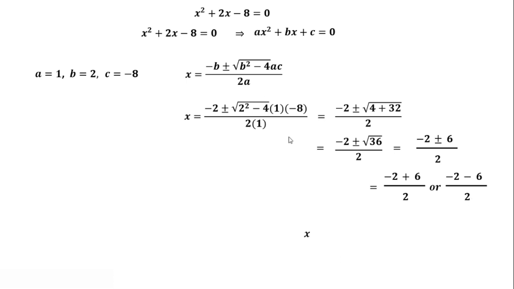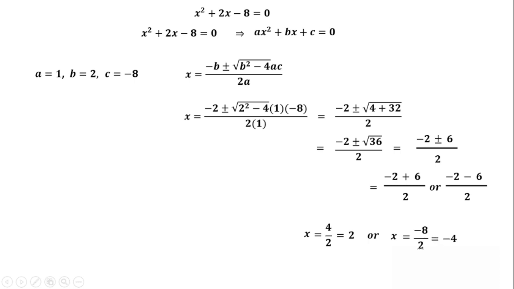So x is now equal to 4 over 2, that is negative 2 plus 6 gives us 4 over 2, and 4 over 2 gives us 2. Or x is equal to negative 8 over 2, that is negative 2 minus 6 over 2 gives us negative 8 over 2.